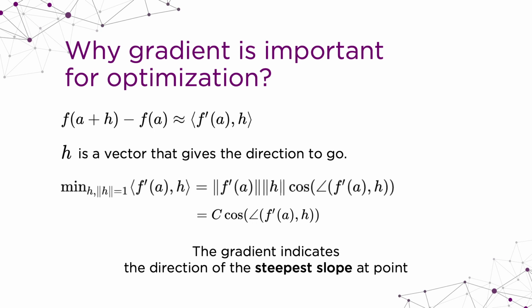And it's a little bit impressive because if you think about it, if I'm in two-dimensional space, to find the steepest slope, I must check a lot of different directions around me. But with the gradient, I just need to do two tests, one in one axis and one in the other axis, and that's it.